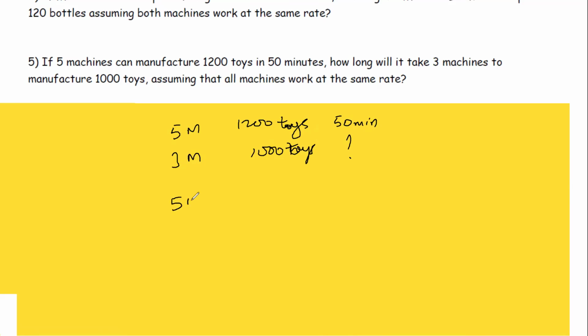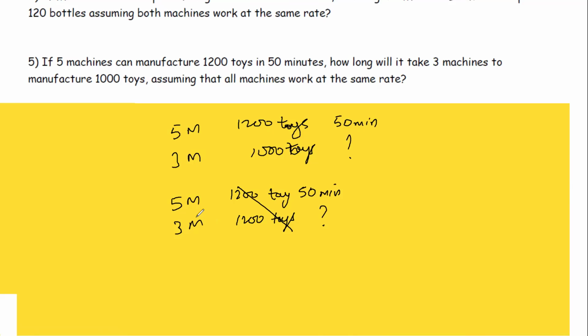So we say 5 machines can do 1200 toys in 50 minutes. Then 3 machines can do 1200 toys in how much time? So we ignore this part. And we solve 5 machines, 50 minutes for a particular task. 3 machines for the same task will take more time.